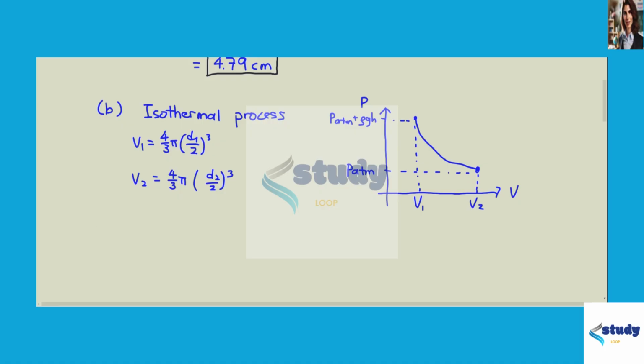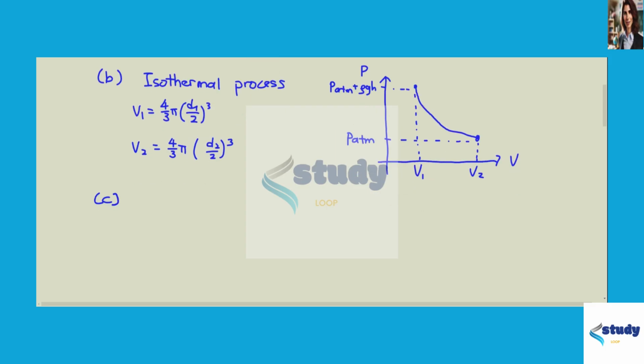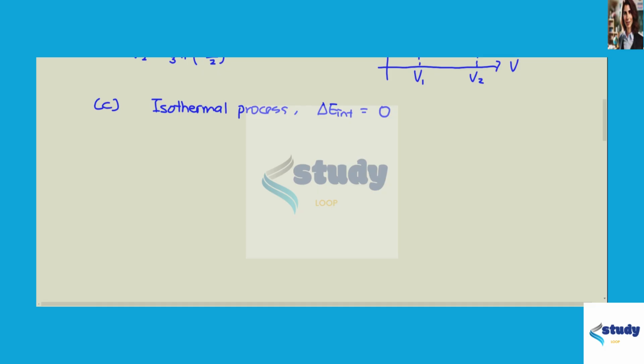And then in part C, we need to calculate the work done by the air, change in internal energy, and the heat. For an isothermal process, delta E internal is 0, because it depends on the change in temperature, and delta T is 0. Next we find W, which is the integral of P dV.